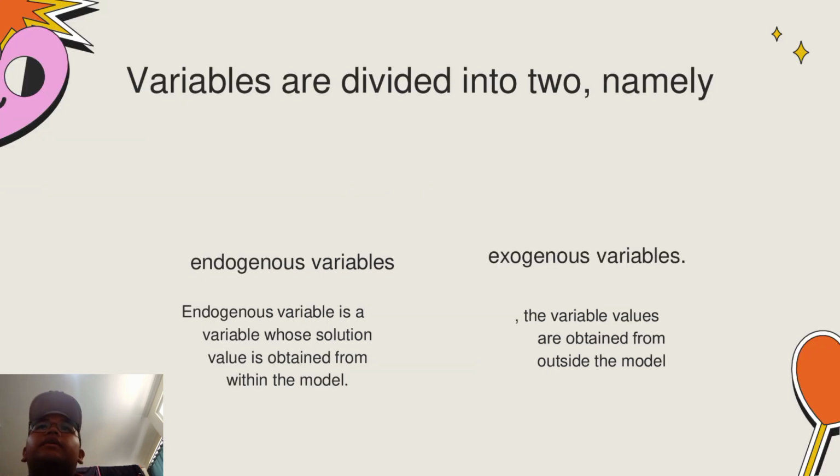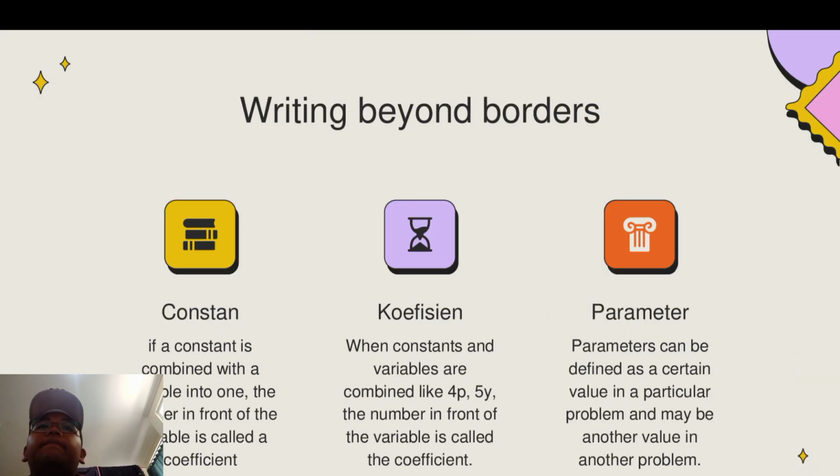Variables are divided into two, namely: number 1, endogenous variables. An endogenous variable is a variable whose solution value is obtained from within the model. Number 2, exogenous variables. The variable values are obtained from outside the model. Next, constant.